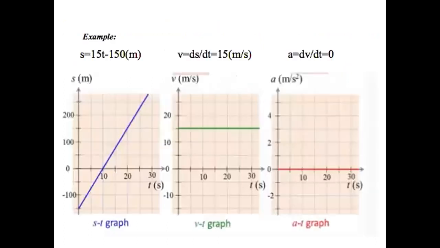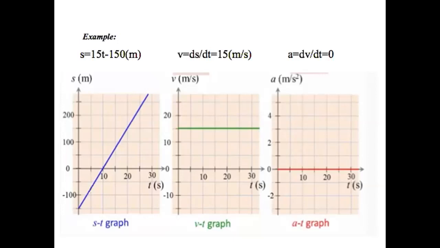Let's look at some examples. For example, in this equation, s equals 15t minus 150. The variables are s and t, and the units are meters and seconds respectively.